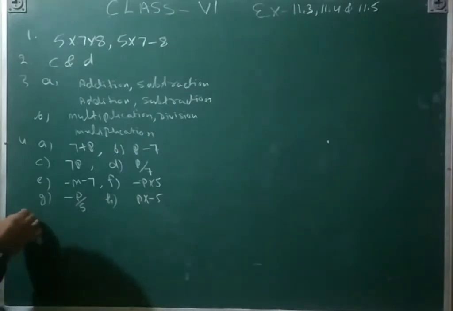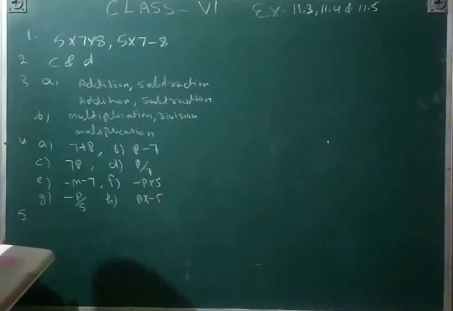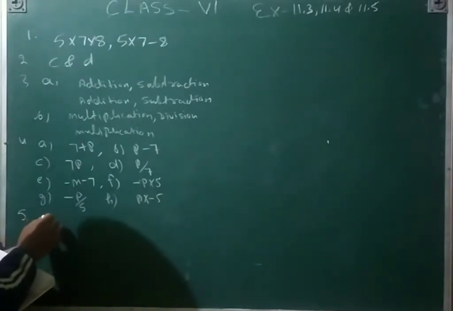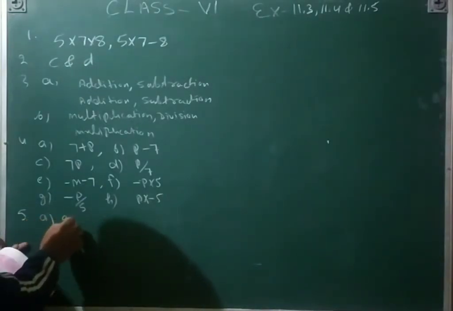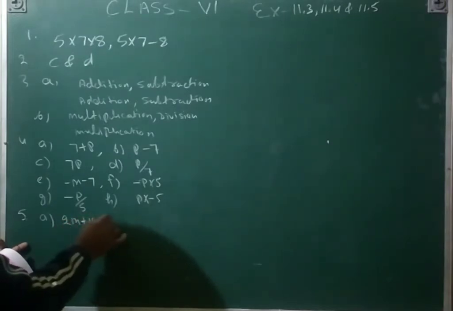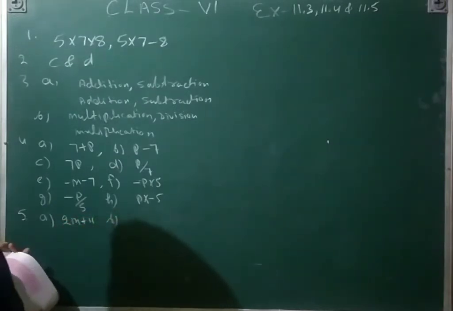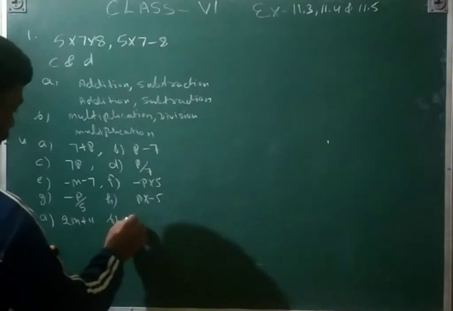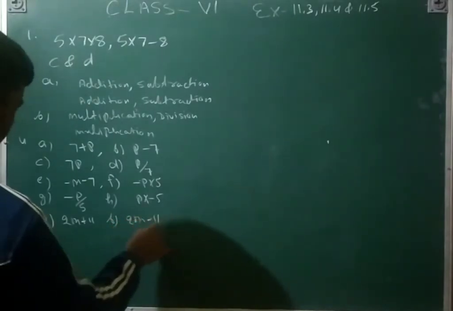Question number 5, give expressions in the following cases. 11 added to 2m, that is also the same type of question. 2m plus 11. B, 11 subtracted from 2m, so 2m minus 11.